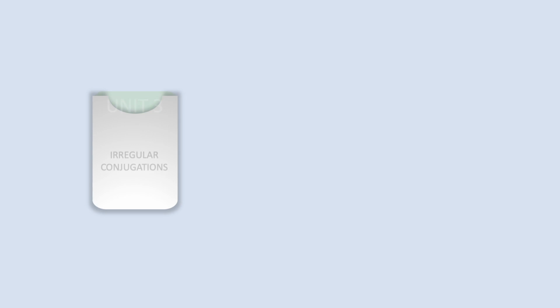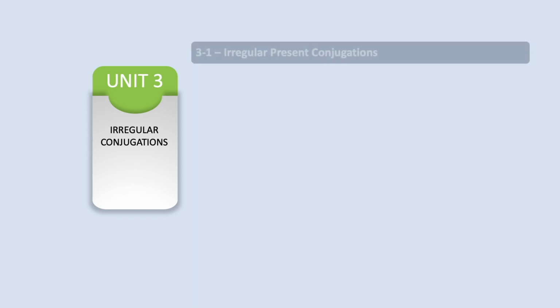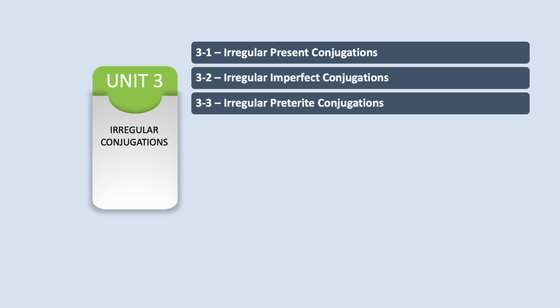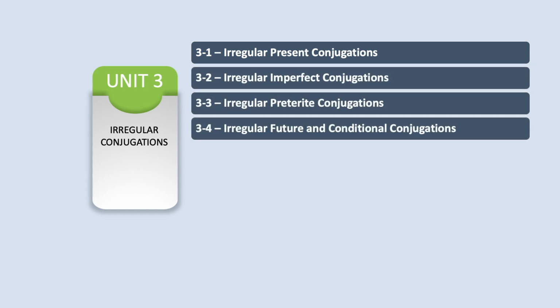Unit 3 covers irregular verb conjugations. Many people do struggle with learning irregular verbs in foreign languages, so hopefully this unit will make it easier for you to understand irregular verbs in the Spanish language. We start off with irregular verb conjugations under the present tense, then the imperfect and preterite. Irregular verbs under the future and conditional will be combined into one lesson.